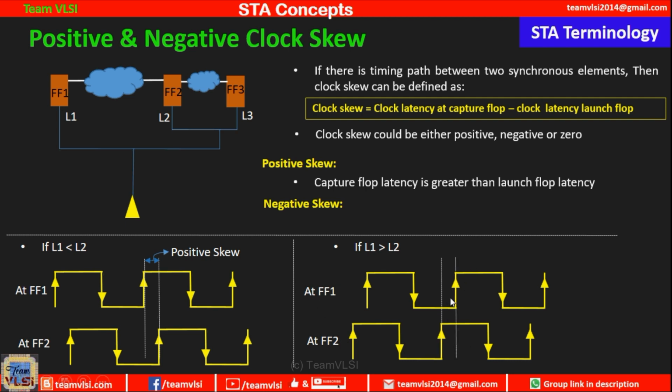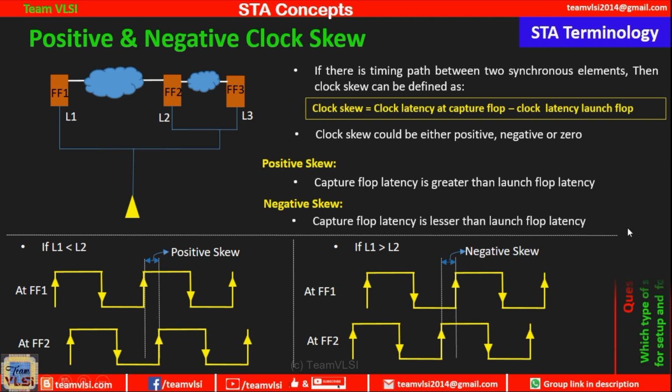So in this case this skew will be negative, since L1 is greater than L2, right? So in case of negative skew, capture flop latency is lesser than launch flop latency, right?